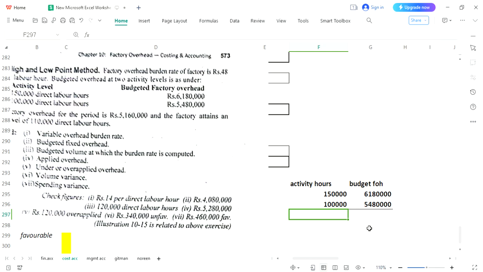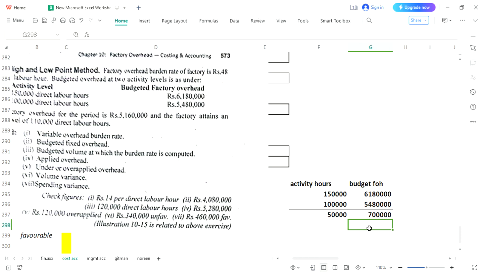How would you calculate? From 150,000 to 1 lakh. Initially you were working for 150,000 hours and then you started working 1 lakh. That means the variation in hours was 50,000 hours. And how has your cost changed? When you were working 150,000 hours, your cost was 61, and then when you started working 1 lakh hours, your cost decreased from 61 to 54.